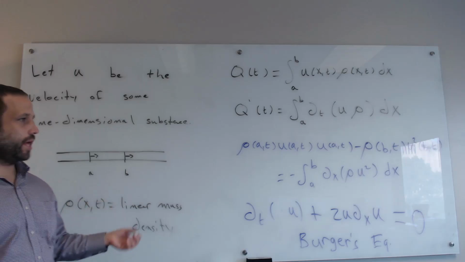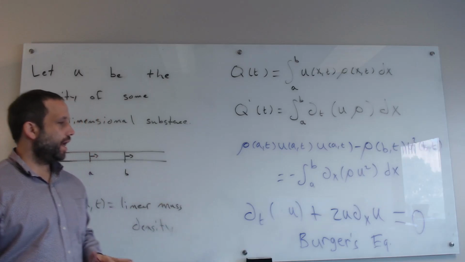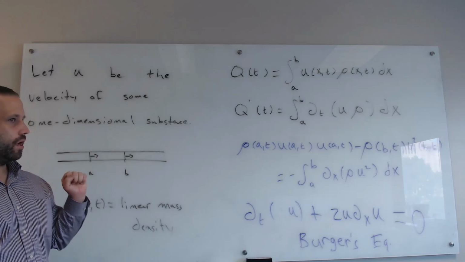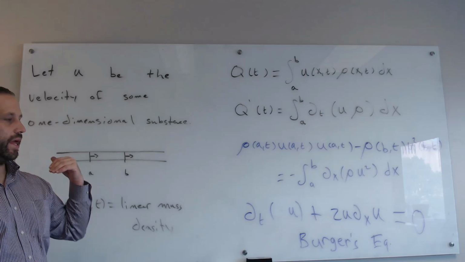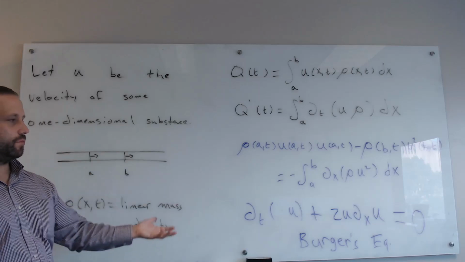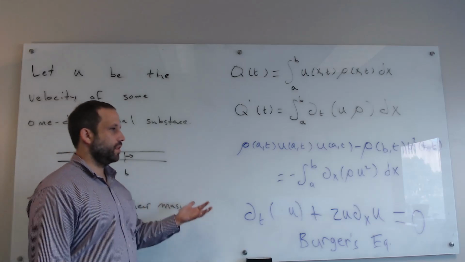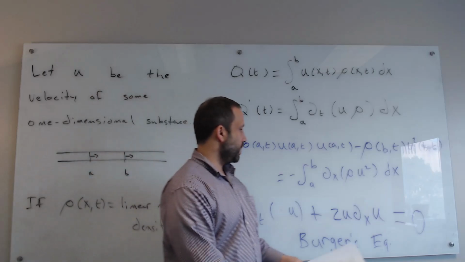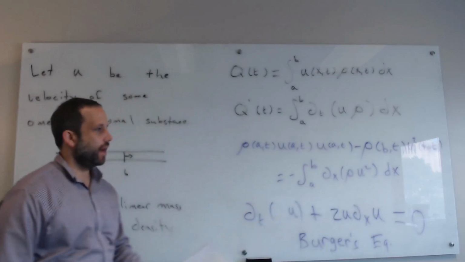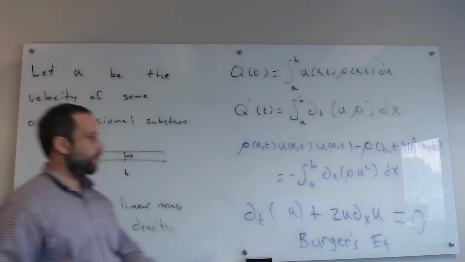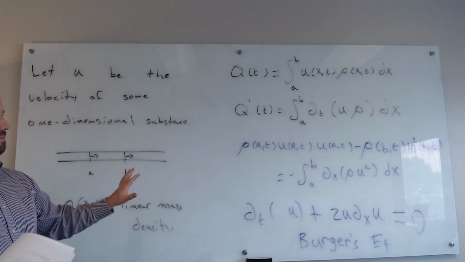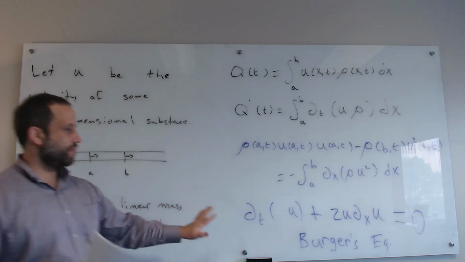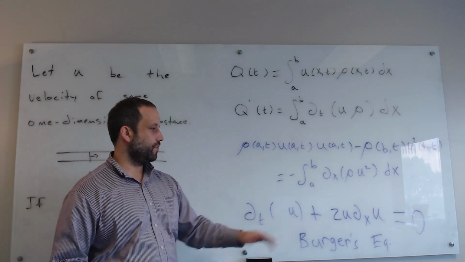For example, as we will see in just a moment, it's going to model a fluid where there is no pressure difference, but also it is compressible, because typically for an incompressible fluid, the x derivative of the velocity is going to be equal to 0. That's not what we have here. Otherwise, this just becomes the t derivative of u is equal to 0.